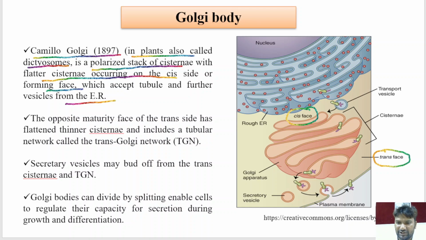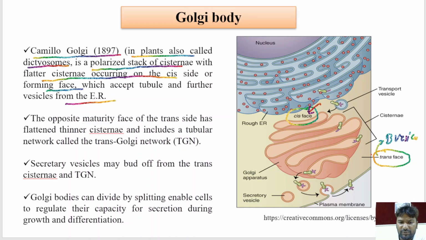So cis face is toward the endoplasmic reticulum, which accepts the tubules from the endoplasmic reticulum, while the trans face is for budding of the vesicles.